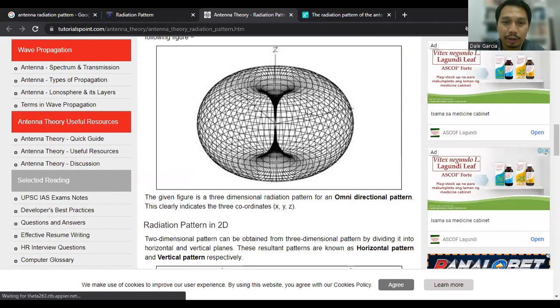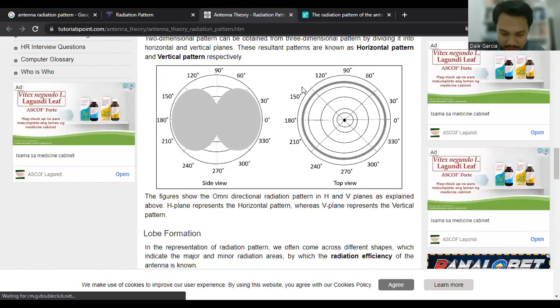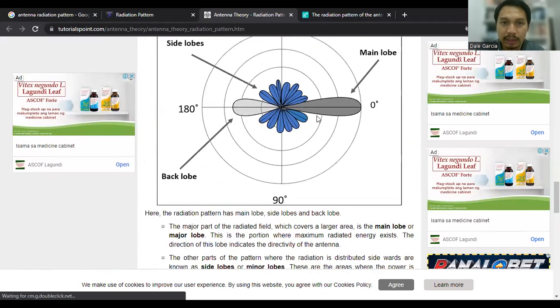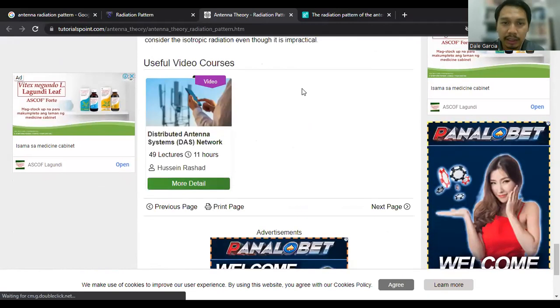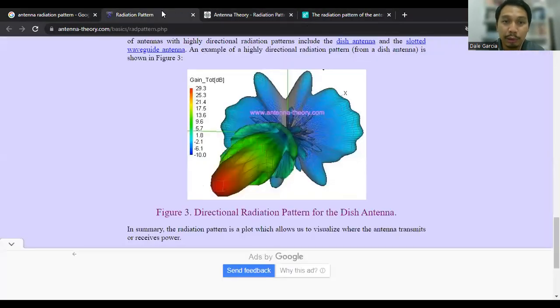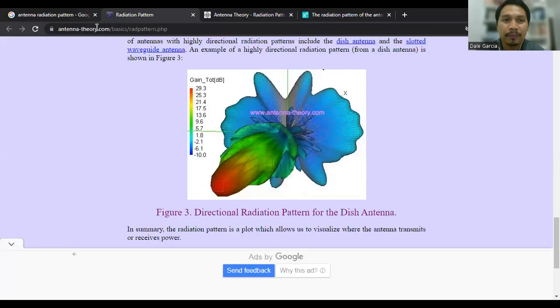Mani kanina, di ba? So kung mani iyahang 3D radiation pattern, mani iyahang 2D. This one, kaning radiation pattern, yung 3D ani, is, I believe, duol igani. So top view, sakto, top view ani is kani.